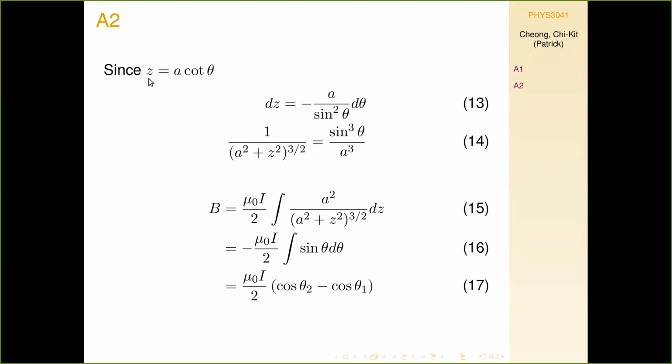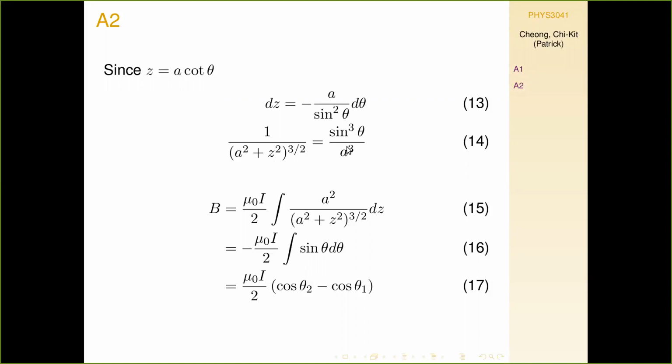And since z can be expressed as a times cotangent theta, if you find its derivative dz, then you will obtain this, a over sine squared theta, don't forget the minus sign, d theta. And then you can also express this 1 over something term into a sine function here.